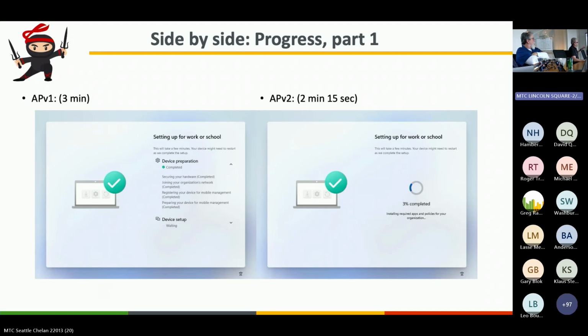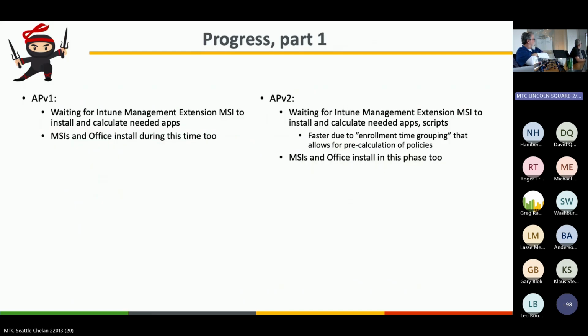But in both cases, we downloaded the IME. IME got installed. It figured out what apps and other things needed to be done. And then this phase of the process is done. In the next phase, it starts to do more interesting things to track the apps.